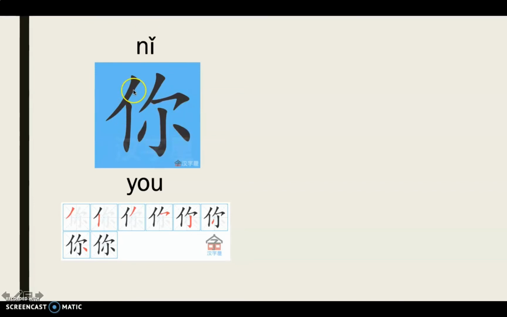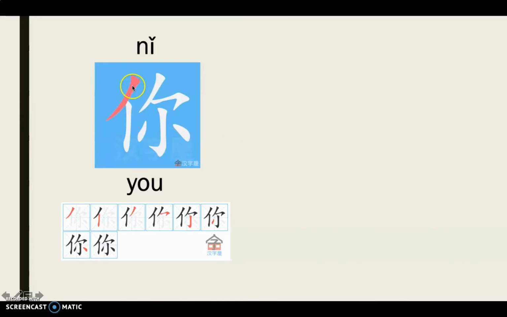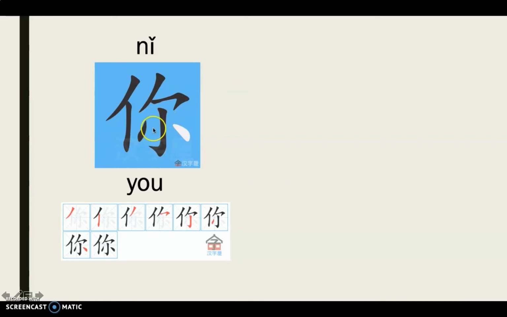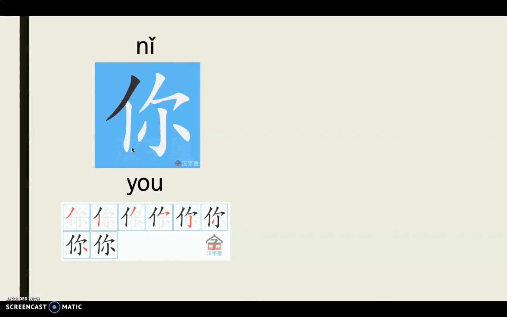Now I'd like you to count the strokes in 你. 一、二、三、四、五、六、七. Right, so 你 has 7 strokes. And on the left, 左边, is the 人字旁 radical. So this is the first character I'd like you to copy down. You need to be able to read and write this character, 你.